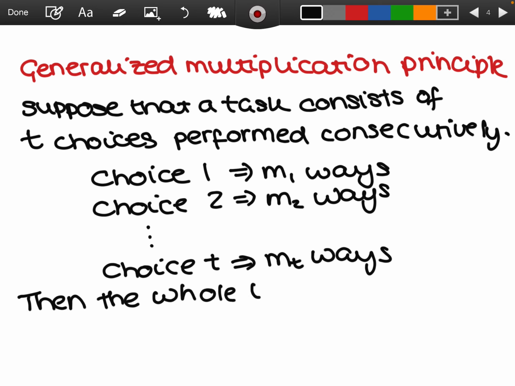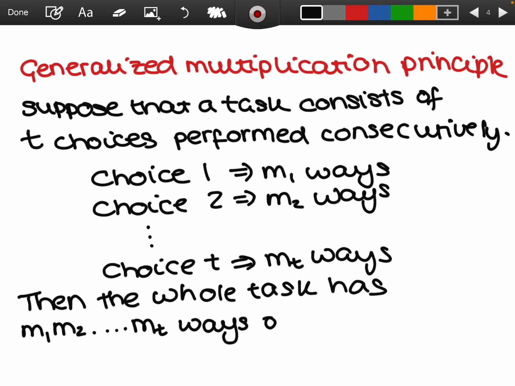Then the whole task can be completed in M1 times M2 times ... times MT ways.